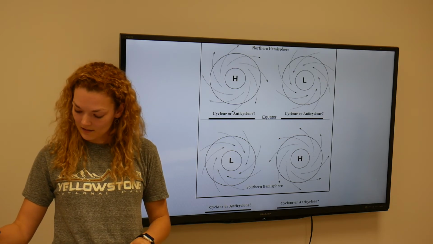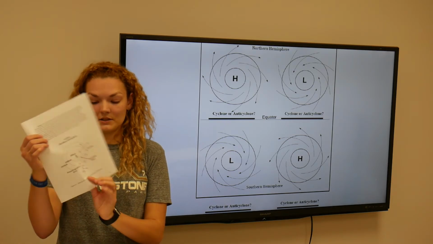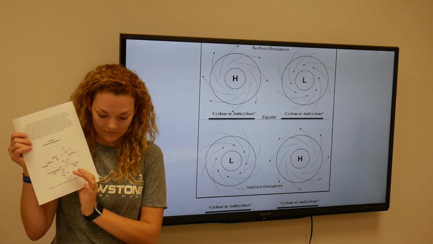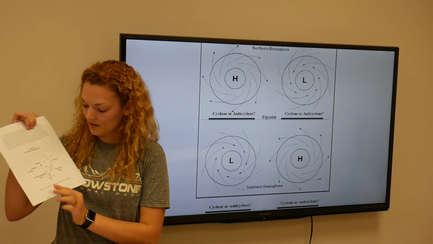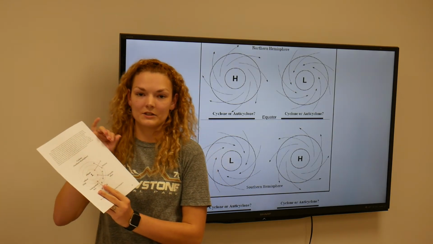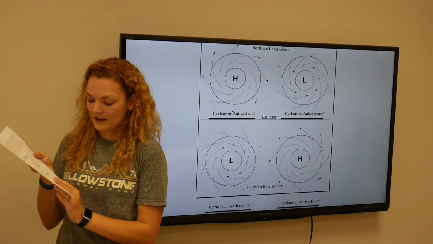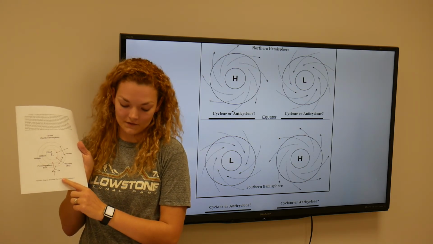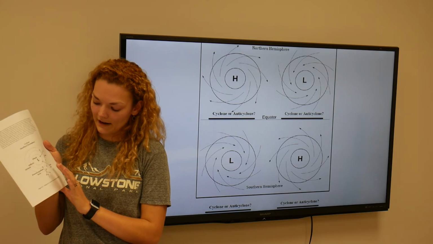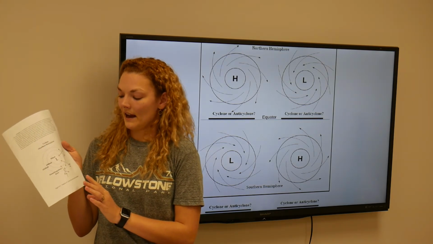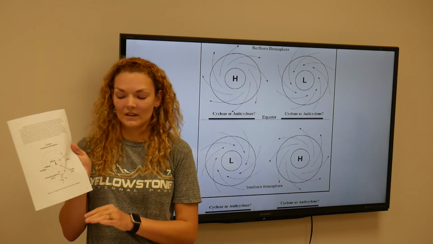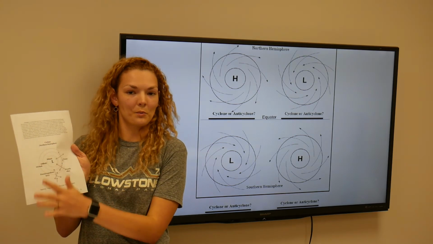So looking at figure 6.2 right here on page 52, you can see how the different factors influence your wind. So the red arrow is for pressure gradient, your blue arrow is the Coriolis effect, and the purple arrow is friction, and then the black arrow is what way your wind is going.